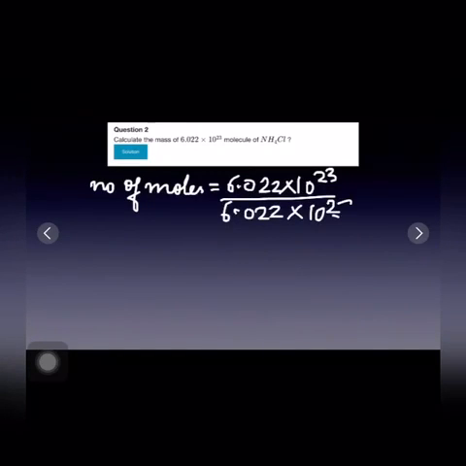To calculate the mass, firstly we should know the number of moles, and we can calculate it by this formula: number of moles is equal to given number of particles upon the Avogadro number. So here the given number of particles is 6.022 into 10 raised to the power 23 upon Avogadro number, which is the same, 6.022 into 10 raised to the power 23.